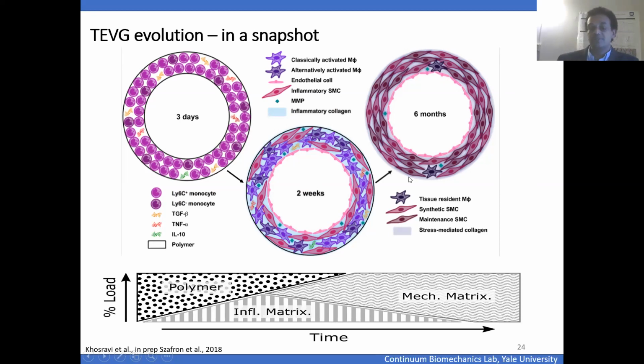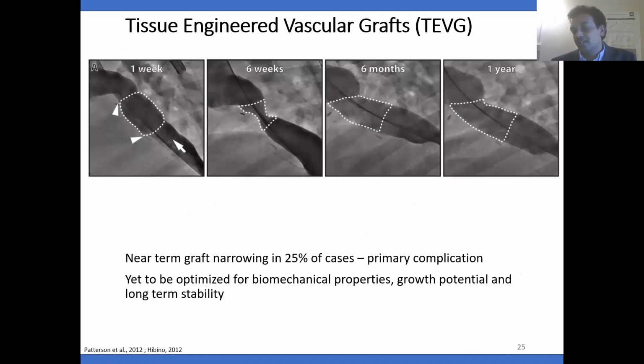Now, one of the problems we have in the near term is that about 25% of these cases had a primary complication, which was stenosis. Okay, so at about 6 weeks, you can see here that the diameter has become much smaller, but over a period of time, it resolves. And at 6 weeks, the clinicians tended to do an angioplasty.